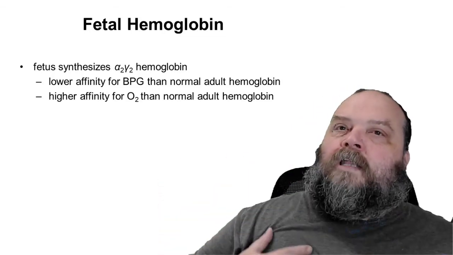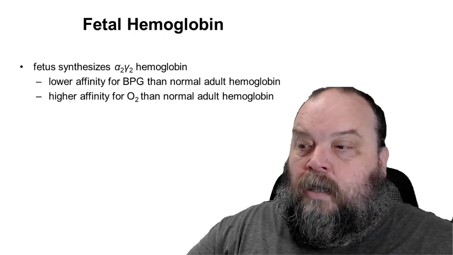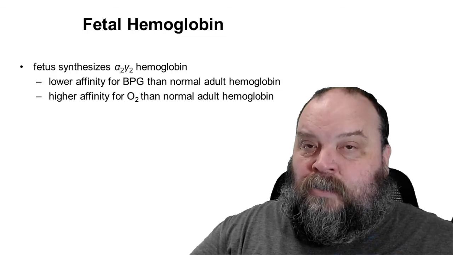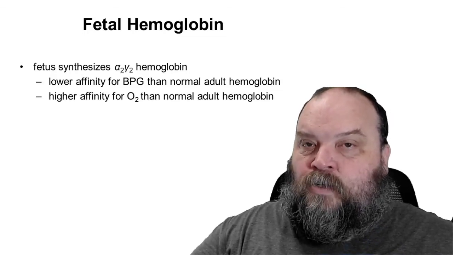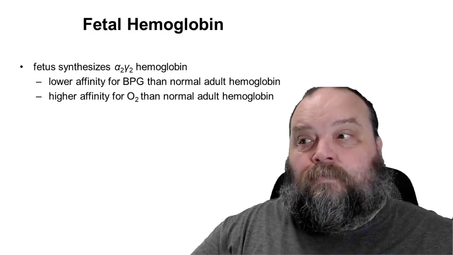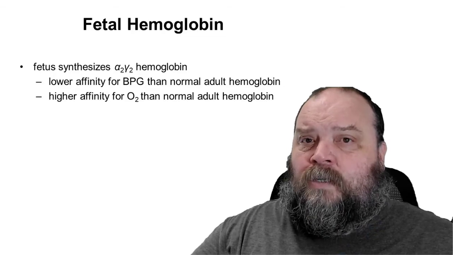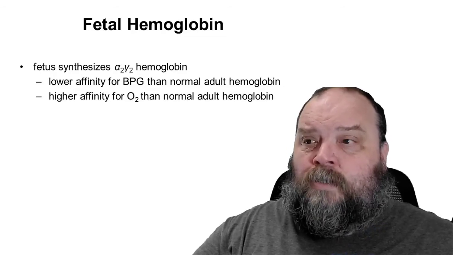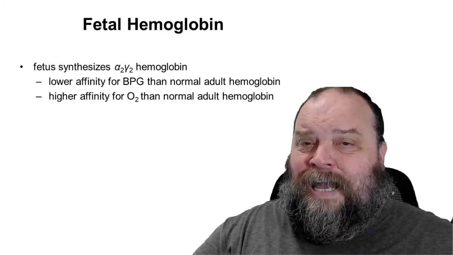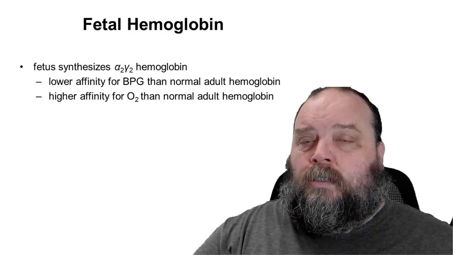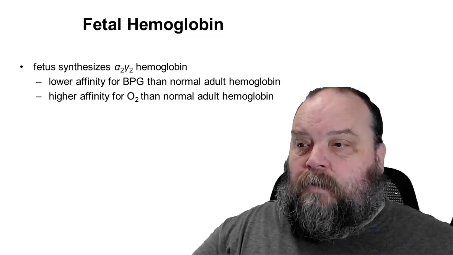But this has a low affinity for bisphosphoglycerate, which means it has a higher affinity for oxygen. The metabolism of the fetal cells, tissues, organs is quite high. It's going through rounds and rounds of mitosis as it's trying to structure itself, trying to develop. Higher metabolism means higher O2 requirement. So this is how fetuses are able to do that.